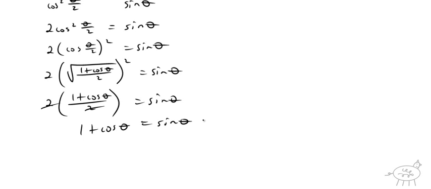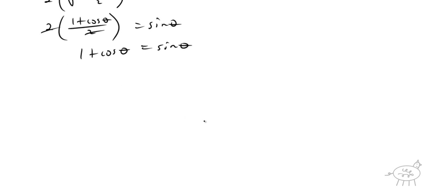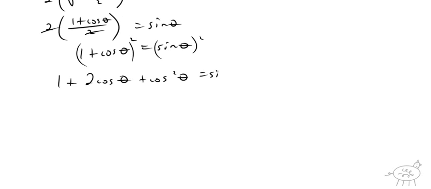Okay? What do I do now? Well, I can't just use sine squared plus cosine squared because it's not sine squared and cosine squared. So I'm just going to square both sides. And if I do that, we did something similar to this, I get 1 plus 2 cosine of theta plus cosine squared of theta equals sine squared of theta.